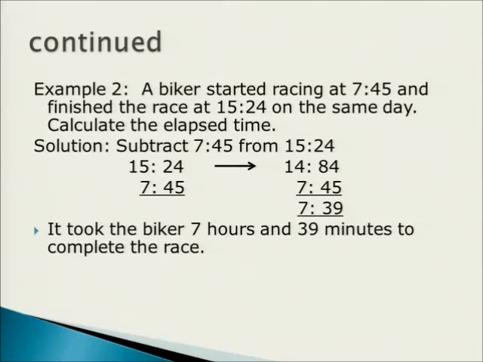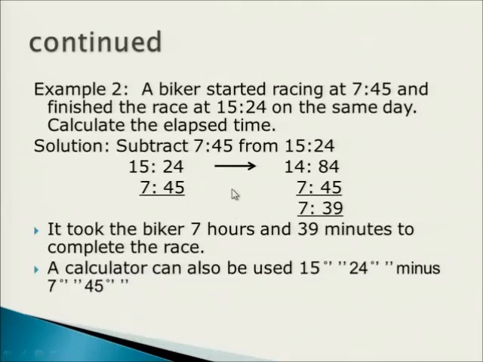When you look at 7:45 up to 15:24, even if you can use your fingers, it will tell you that it took the biker 7 hours and 39 minutes to complete the race. The other method, the third one, is that of a calculator, but it is not that much encouraged, because not all learners have scientific calculators.